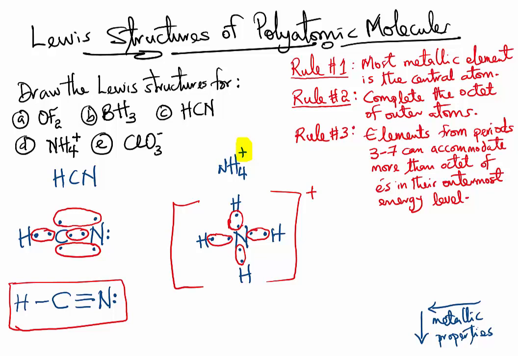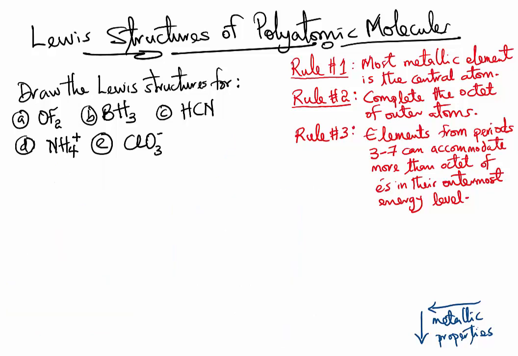Now if we redraw this structure, we will get that as the structure of the ammonium ion. And that is question D. Let us now move on to question E.